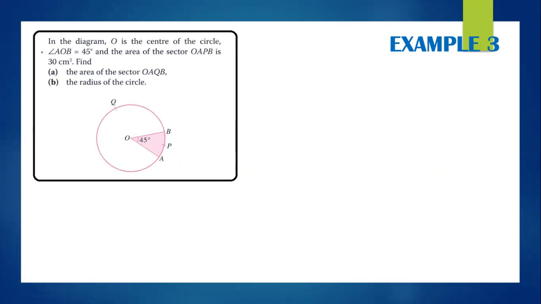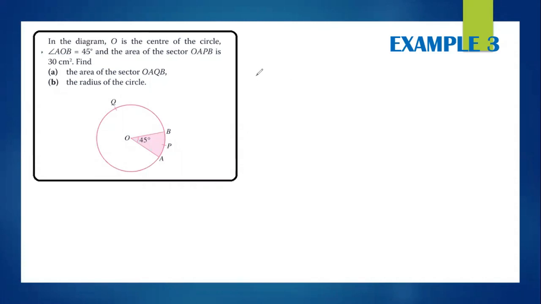Find the area of the sector OAQB and find the radius of the circle. Students, this question is very easy. How to find the radius and how to find sector OAQB.